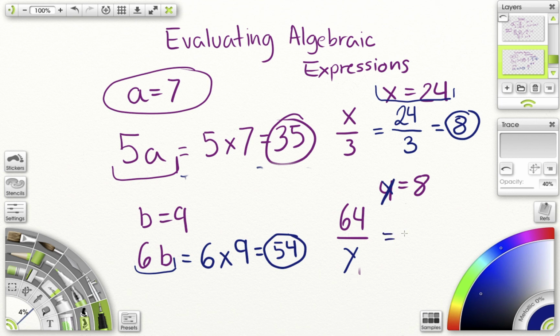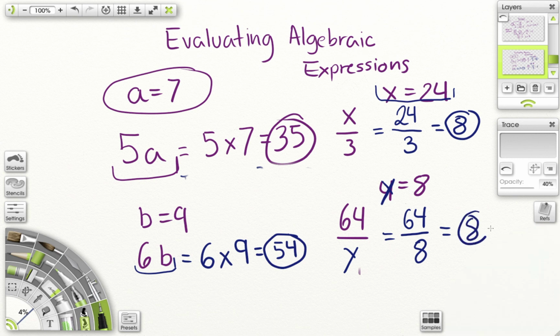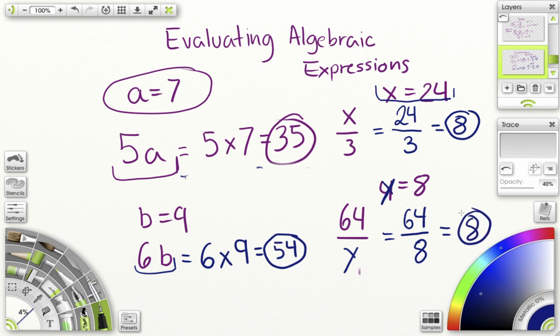So all I have to do is just plug in whatever that number is. So I do 64 divided by y is equal to 8. So I just put 8 in that space. 64 divided by 8 is 8. So my answer to this question is 8. And that's all it is.